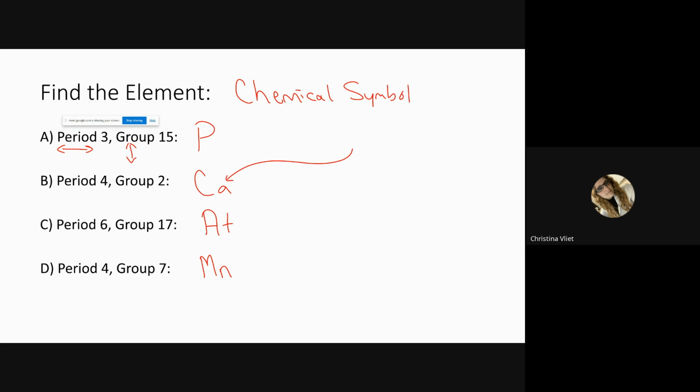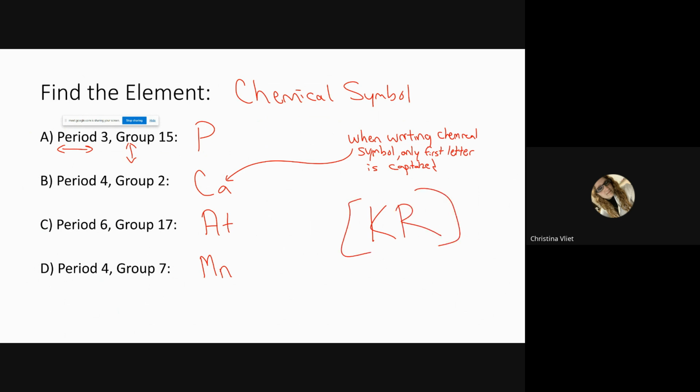Now let me make a point, and you may want to write this in your notes. When writing the chemical symbol, only the first letter is capitalized. So if you write, for example, KR in a noble gas configuration, this actually is not krypton.